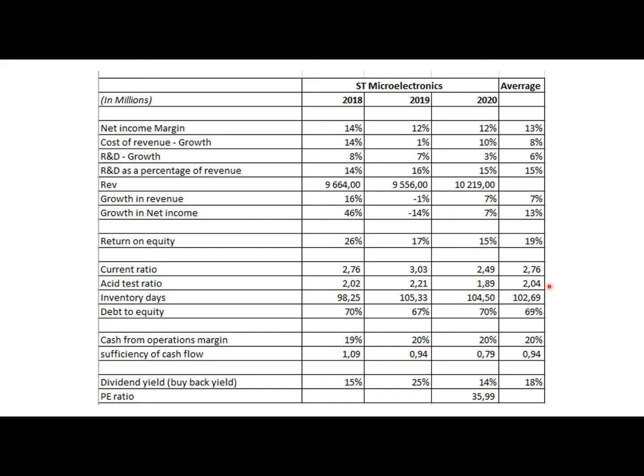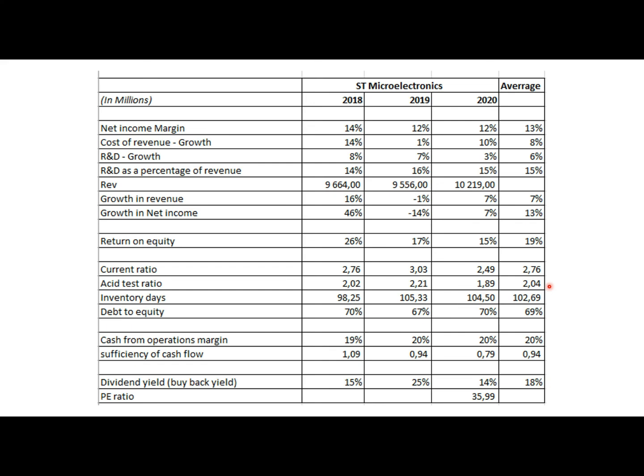This is driven by the over $3 billion in cash and cash equivalents that the company holds on its balance sheet. Inventory days are slightly above the industry average, which is just over 101 days. It's just over 102, so slightly above. However, this does not indicate heightened inventory risk in my view.